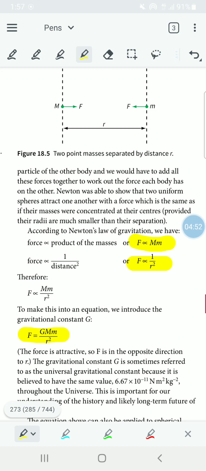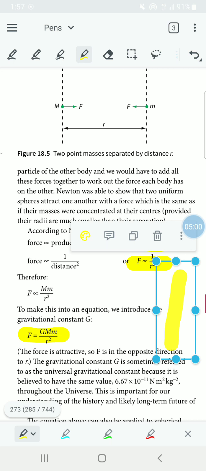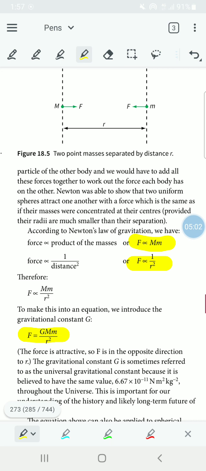Right? So if you know the masses of two objects and the gravitational constant and the separation, and in this particular situation this r is not the radius of each object, but rather the separation. As you can see here, this r stands for separation.